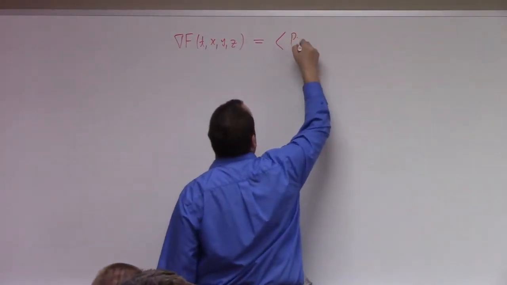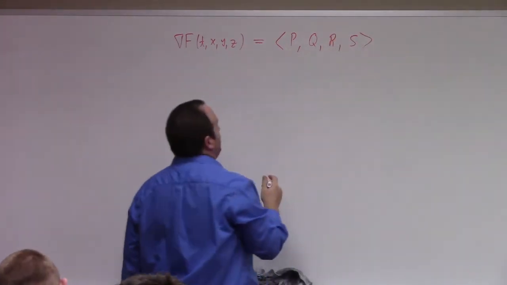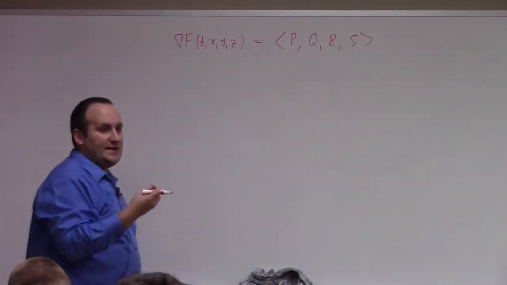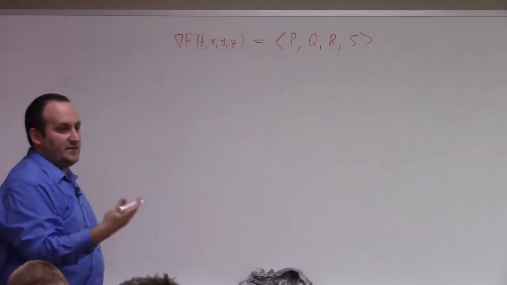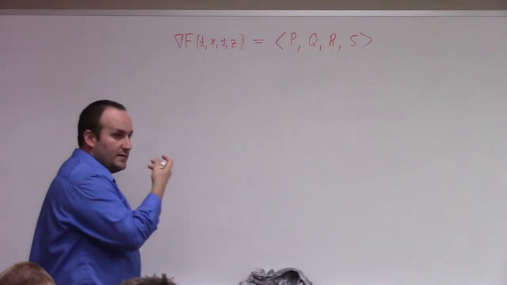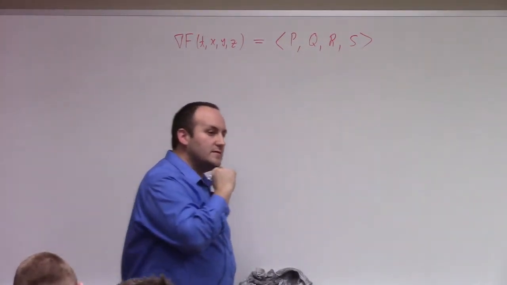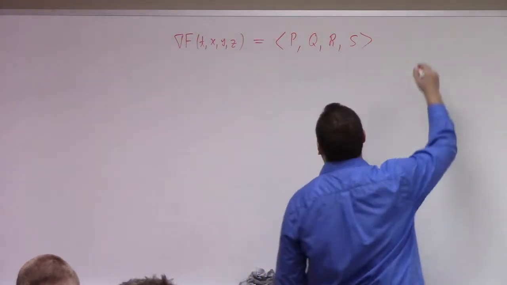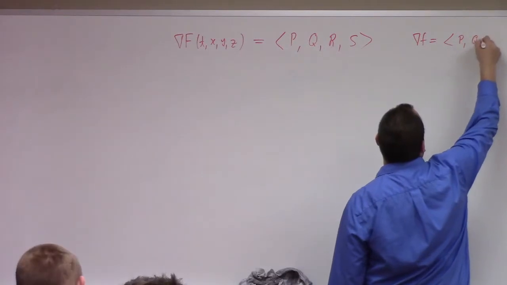P, Q, R, S. And the question is, what conditions on P, Q, R, and S are necessary so that you know that such a potential function can exist, right? So just go back to what we did in the two-dimensional case. Right, but just think about the basic logic of it to start with.